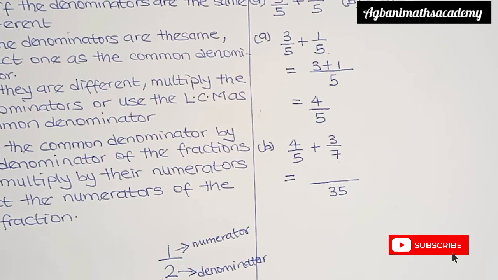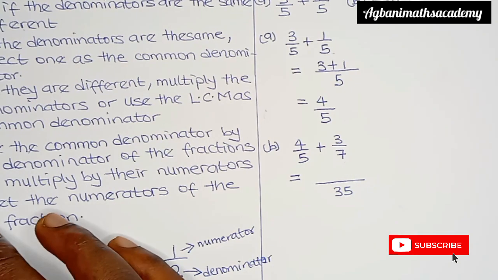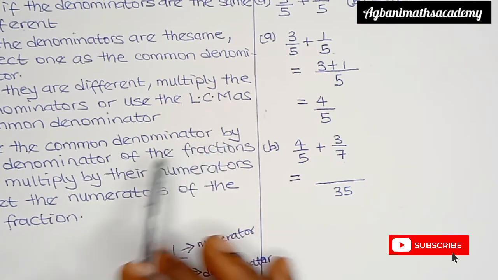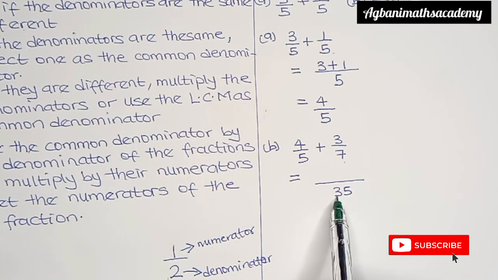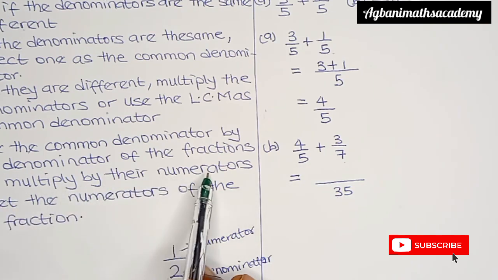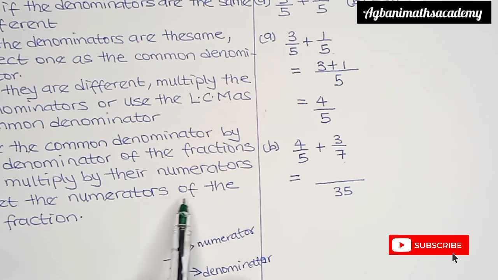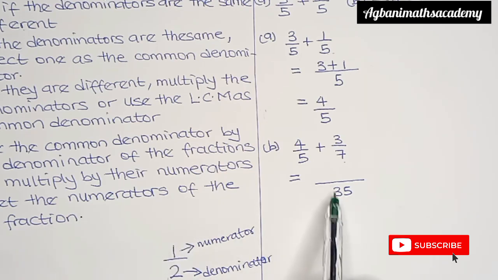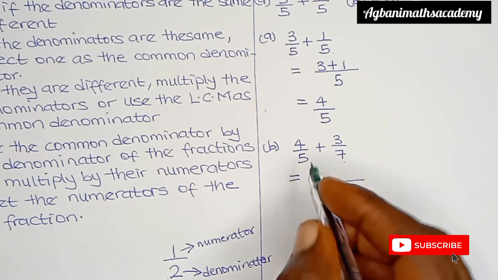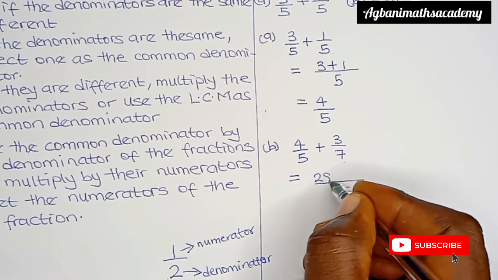Okay, next thing we are going to do is third step, divide the common denominator by each denominator of the fractions. So 35 divided by 5 is going to give us 7, and multiply by their numerators to get the numerator of the new fraction. So 35 divided by 5 is going to give us 7. 7 multiplied by 4 is going to give us 28.